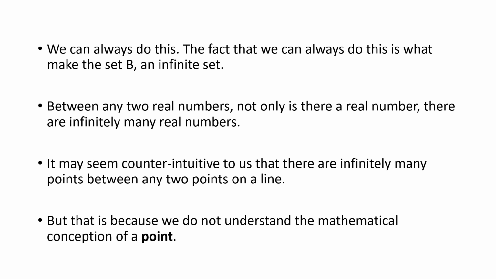Remember again, between any two real numbers, not only is there a real number, there are infinitely many real numbers. It may seem counterintuitive to us that there are infinitely many points between any 2 points on a line. But this is only because we do not understand the mathematical conception of a point.